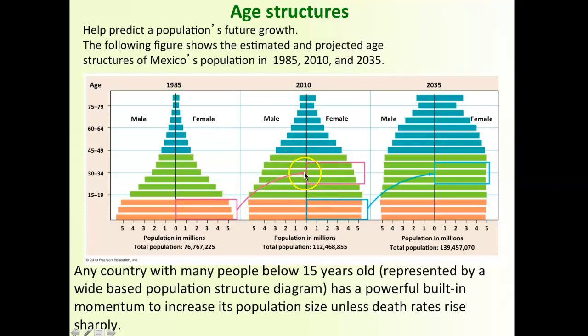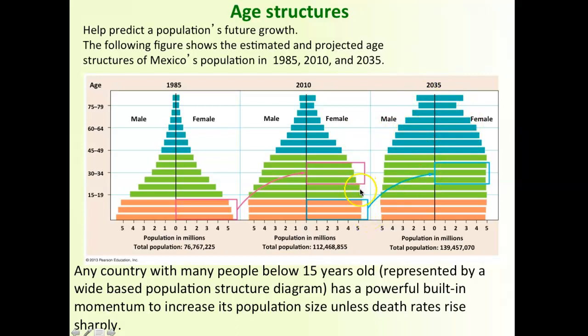This means that they can keep that base wide because there's more people here to have more babies. And so the base stays wide, right? They're having babies here. And then if you just leap forward another 10 or 15 years, you'll find that those people have moved up. So we have a larger population of older people. This base moves into reproductive years.